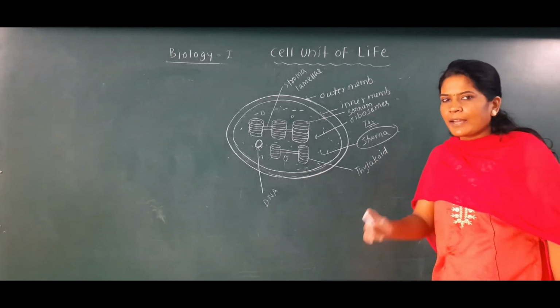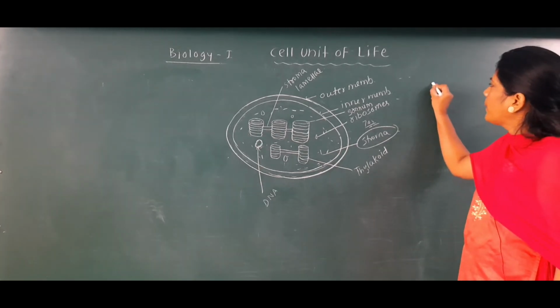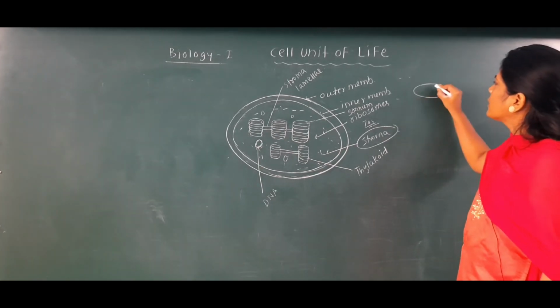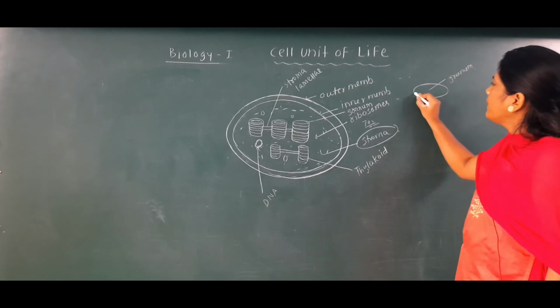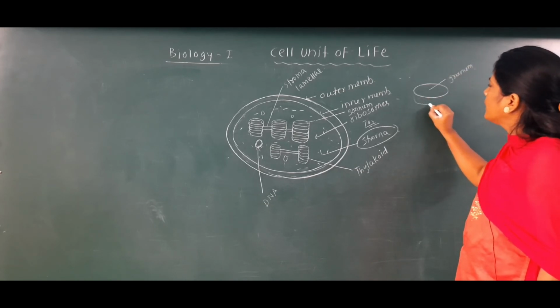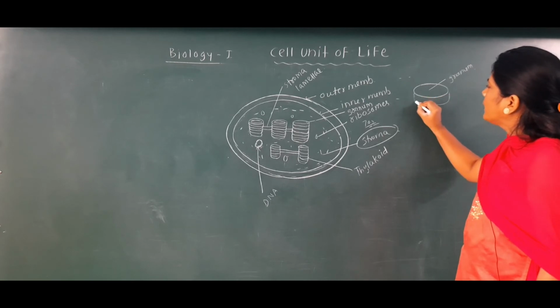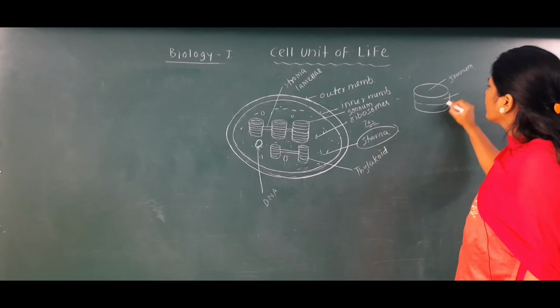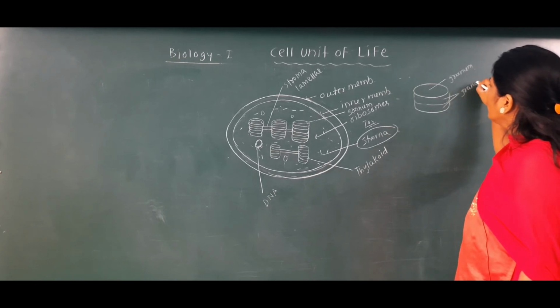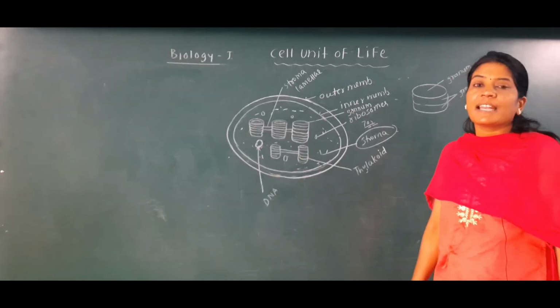That part we will simplify here. This single structure is called the granum, and if more than one is there, then such a structure we call grana. So granum is singular and grana is plural.